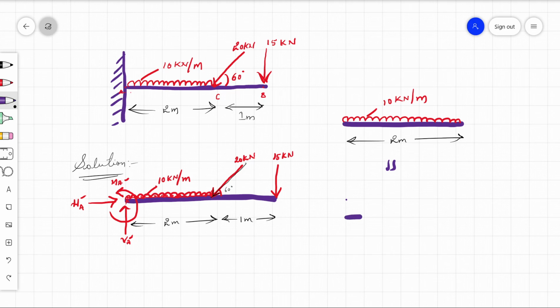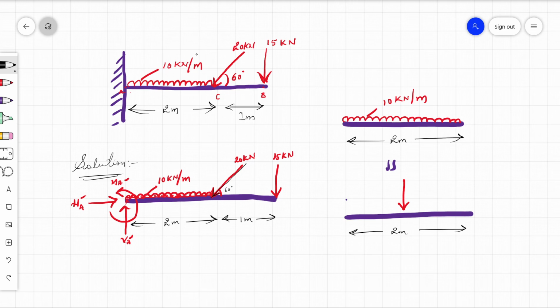So again we draw the same beam. This is just for understanding. In the real examination you can directly write it in that single drawing. What is our aim? We need to convert that whole UDL into a point load. To convert this UDL into a point load, we multiply 2 meter into 10 kilonewton.